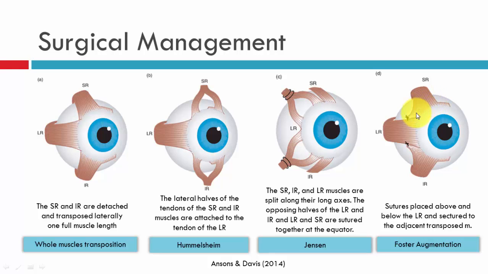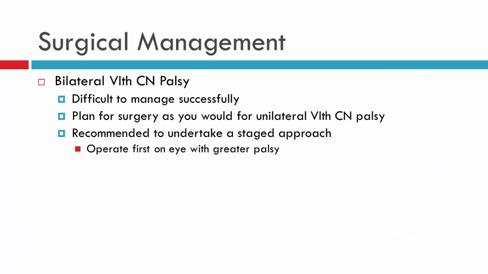So a whole muscle transposition is done here, but also there is a suture that's placed above and below the lateral rectus to the adjacent vertical rectus muscles, as we can see here. Okay, so all these procedures will have an effect in assisting the patient to be able to abduct the eye.